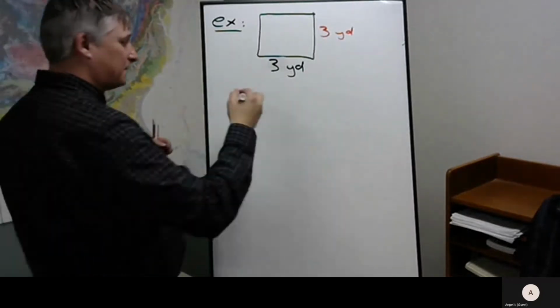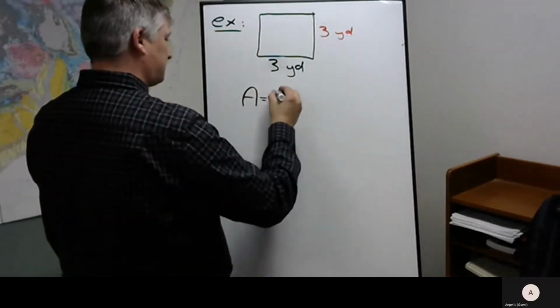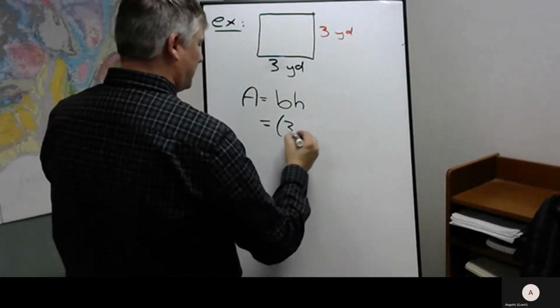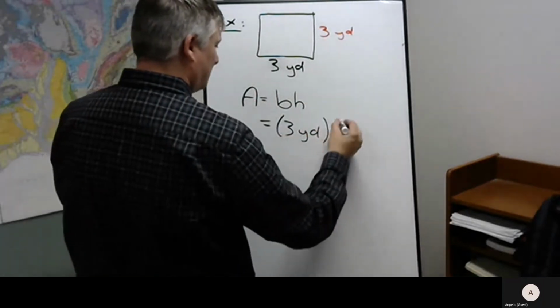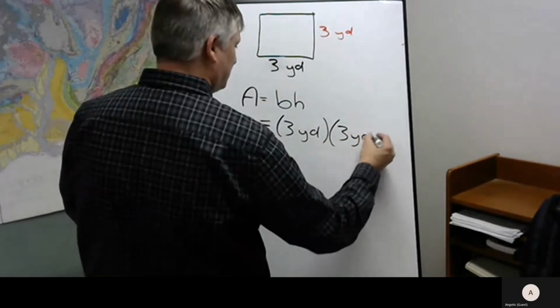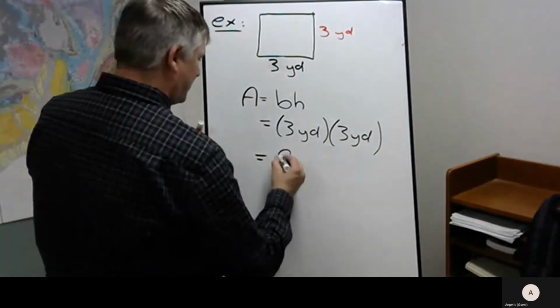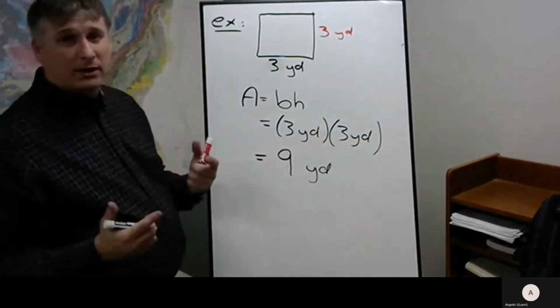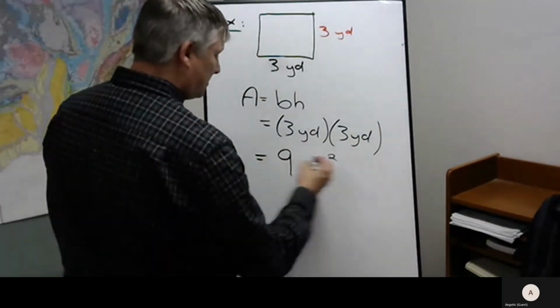So for the square, base times height, or 3 yards times 3 yards, or 9. And since we have 2 yards here, we're multiplying them. Say it's yards squared.